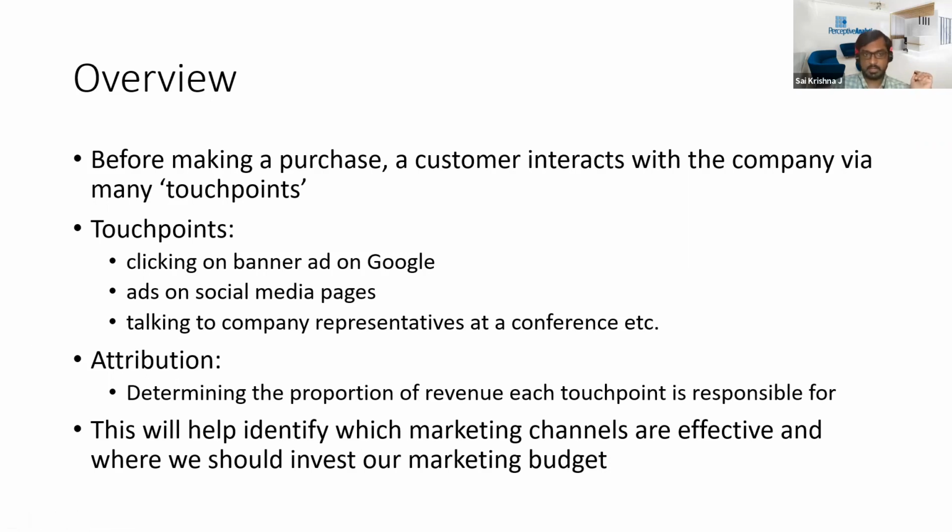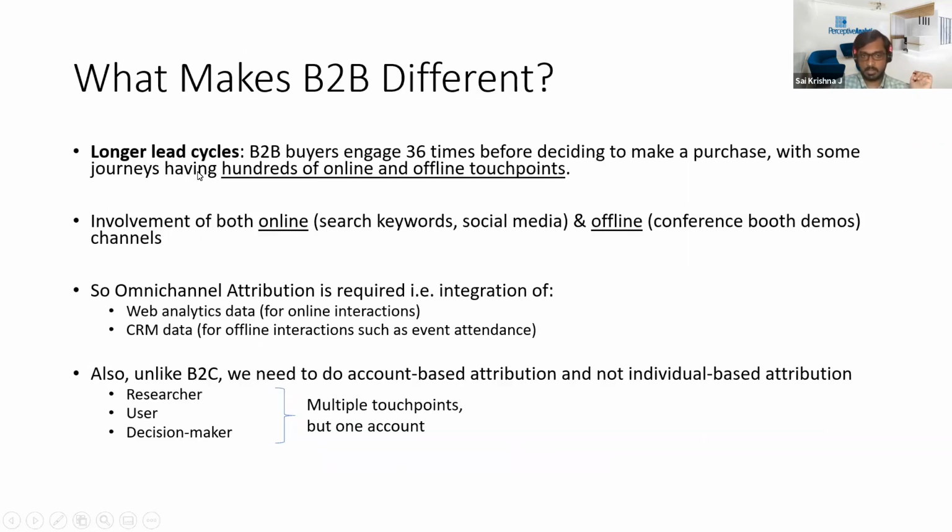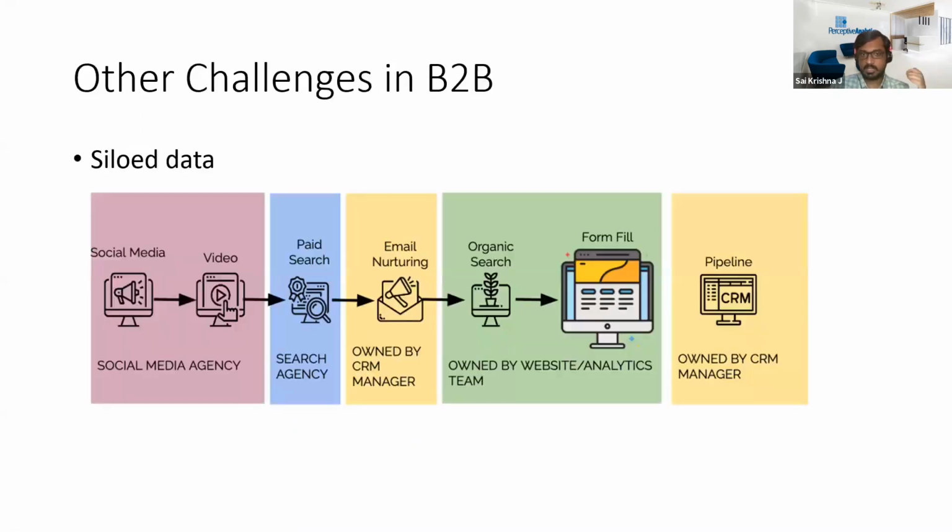Then we talked about what makes B2B attribution different from B2C attribution, and we said that in B2B the lead cycle is a bit long, so we need omni-channel attribution, so we need online interaction data as well as offline interaction data. We also talked about the siloed nature of the data in the B2B scenario.